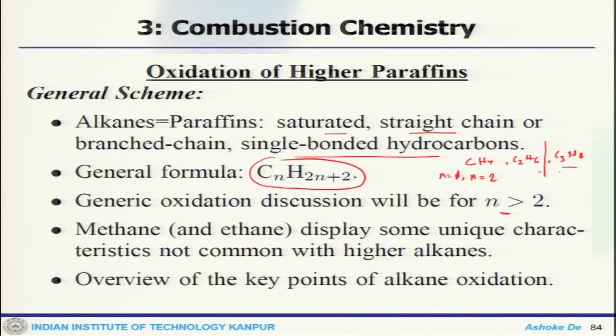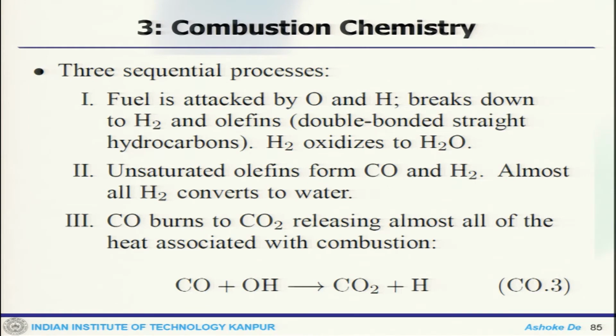So, the whole idea is how we look at the alkane oxidation here. There are three sequential processes. First, the fuel is attacked by O and H, and when that happens, it breaks down to H2 and olefin, which is a double bonded hydrocarbon, and then H2 is oxidized to H2O.